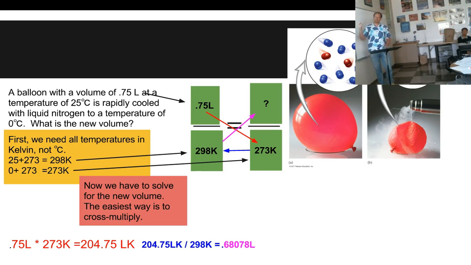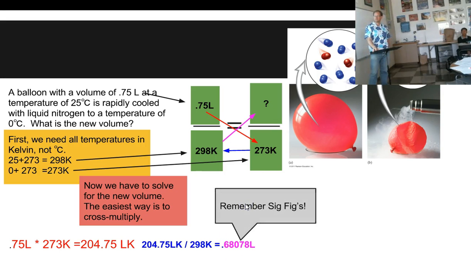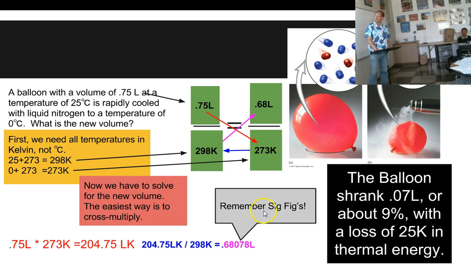So it went down in volume from 0.75 liters to 0.68078 liters, but that's not right for significant digits. So I have to have my final answer of 0.68 liters, okay? So the balloon shrank 0.07 liters, or about 9% of its volume was lost with a drop of 25 Kelvin in thermal energy.